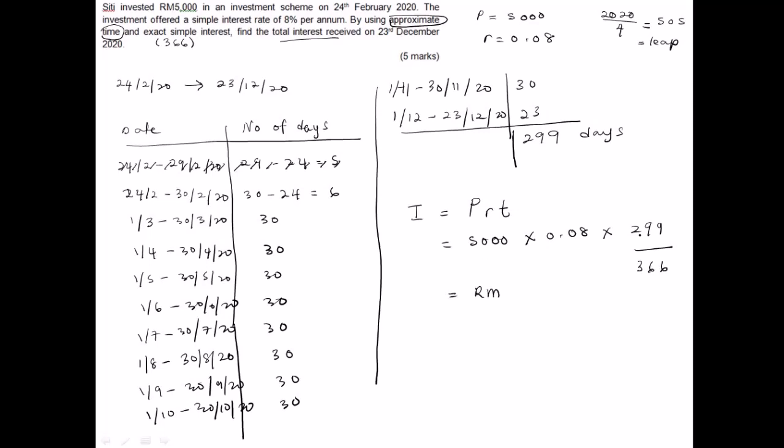Okay, let's calculate. You should get final answer RM 326.7759563. Okay, 0.7759, we round 7 to 8.